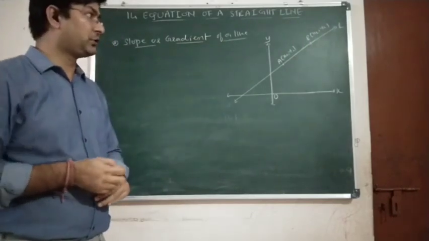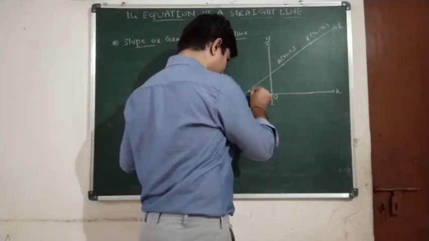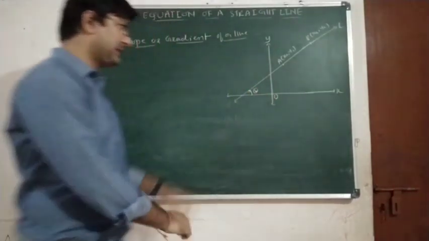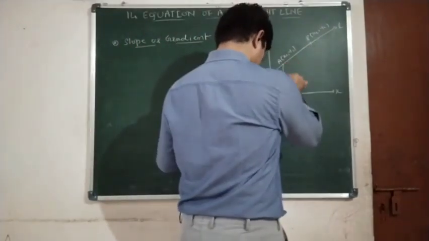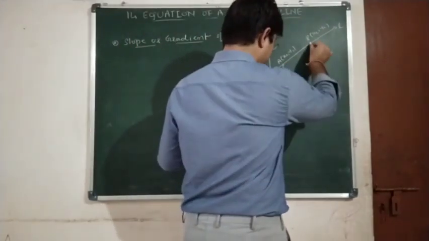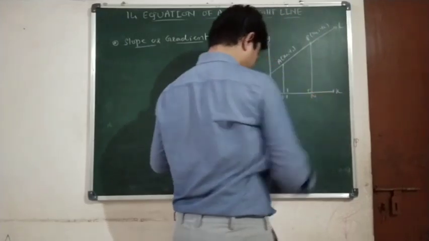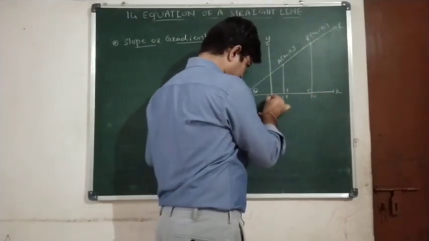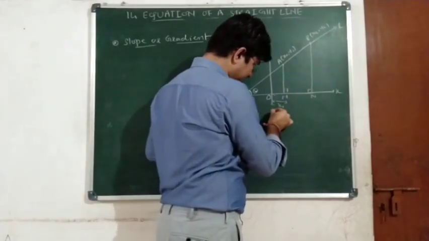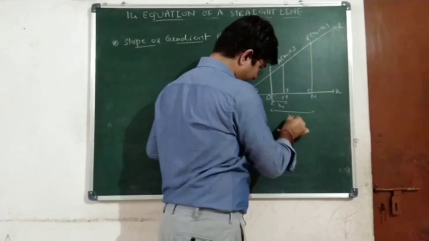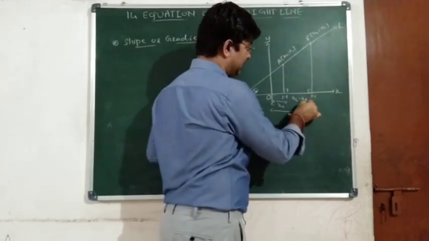The angle of inclination of line L with x-axis is theta. We will draw 2 perpendiculars M and N, such that distance OM will be x1, and distance ON will be x2, so MN will be x2 minus x1.